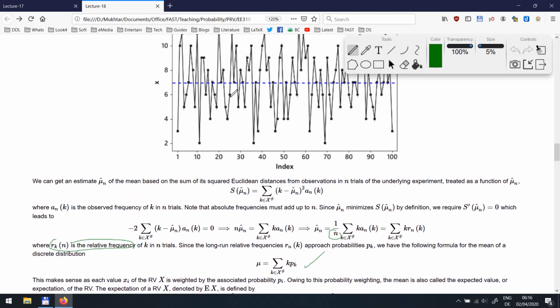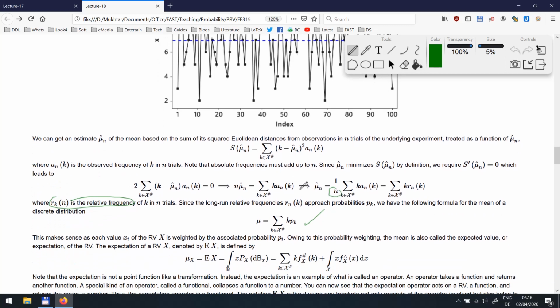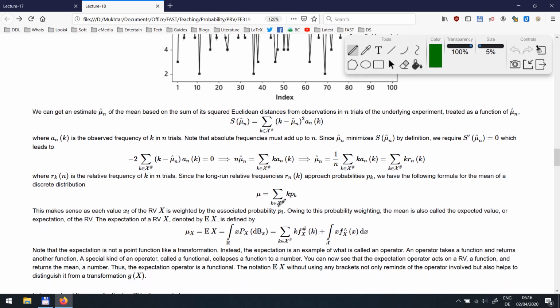It is the best fit in the context of long run observations. N has to be really large for this to be a probability, otherwise it was relative frequencies. So just saying it is the arithmetic mean is actually ignoring all this important information.